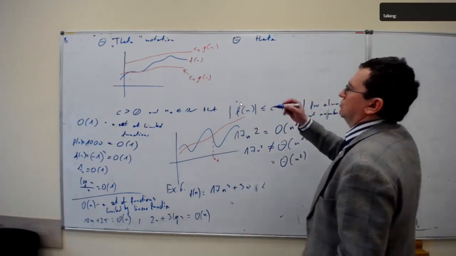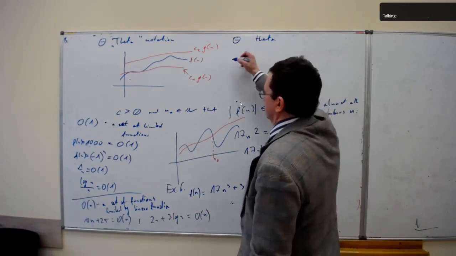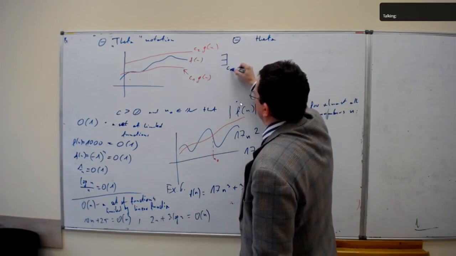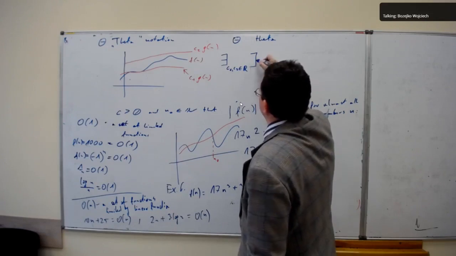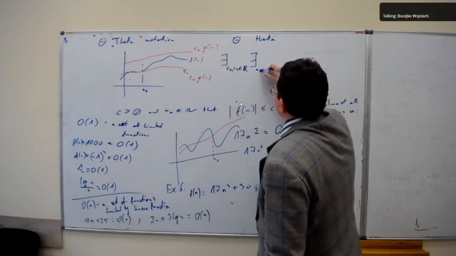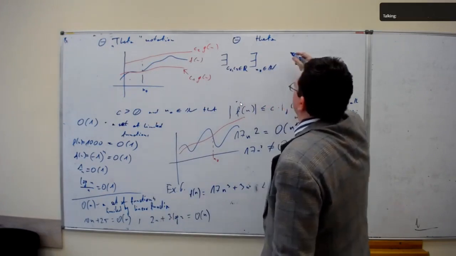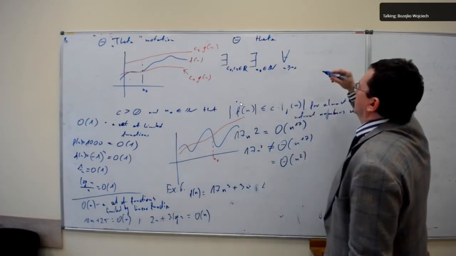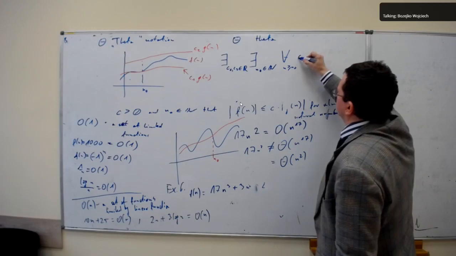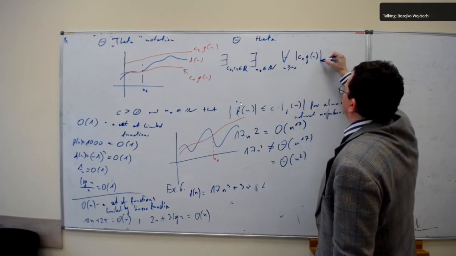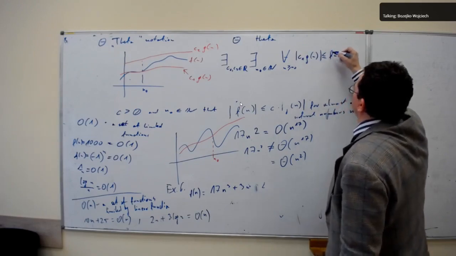So the formal definition of theta notation is like this: there exist two constants, C1 and C2, real ones, and we have a number, for instance here this will be n0, such that for all n greater than or equal to n0, we have that C1 times g of n is smaller or equal to the absolute value of f of n.